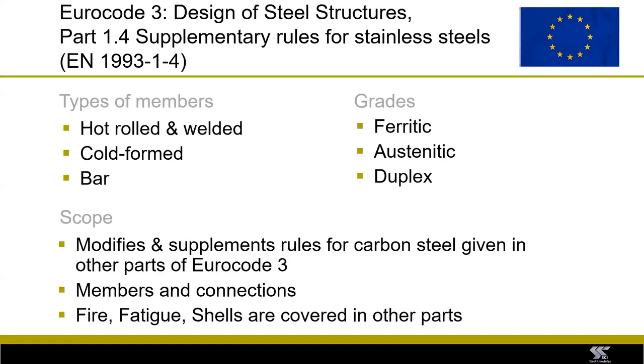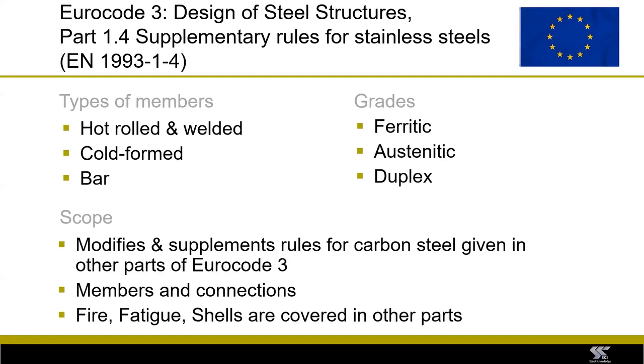It has a broad scope, so it covers hot rolled, welded, cold formed, as well as bar products. And it covers three families of stainless steels: ferritic, austenitic and duplex. That's the same as the Australian New Zealand standard.